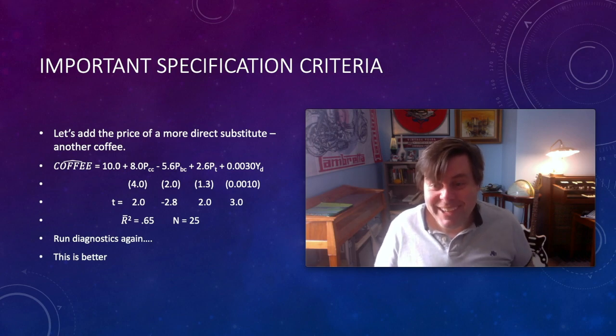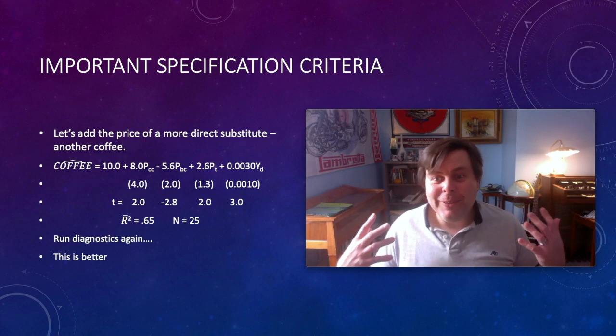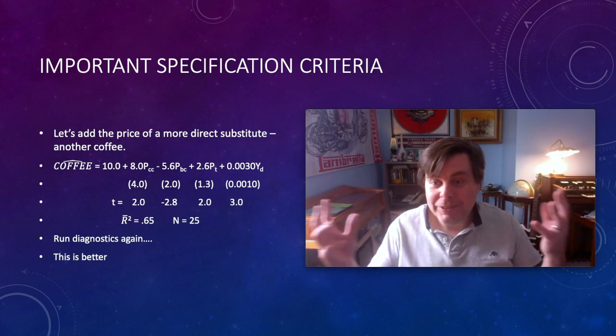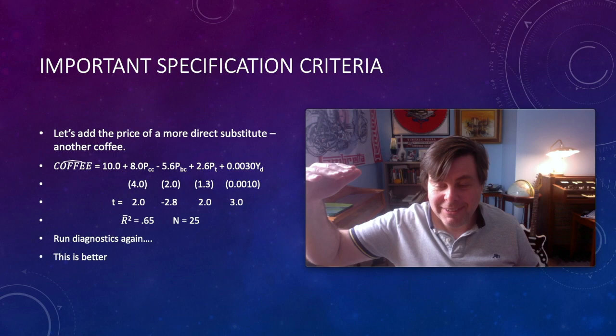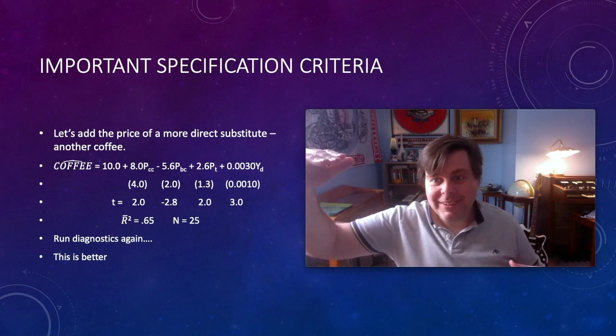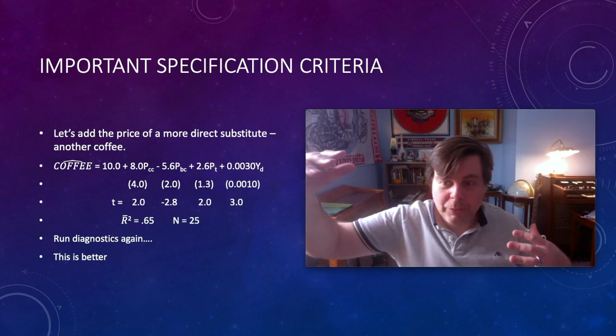Okay, so it makes sense now, right? What's going on here is that there are a bunch of different coffees that have different prices, and if some coffees go up in price, there's a lot of other coffees.